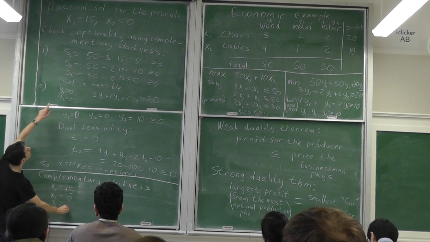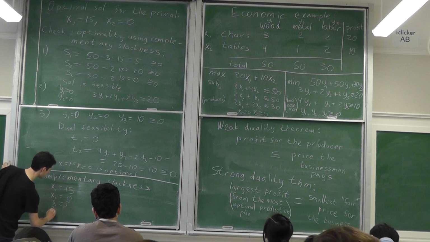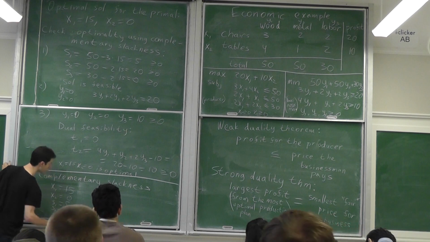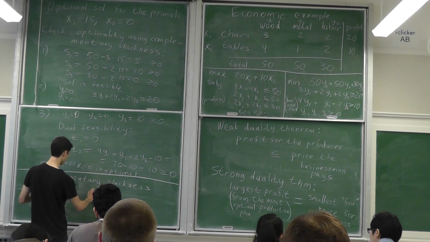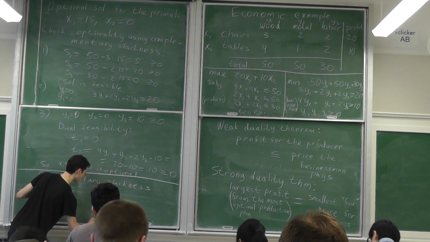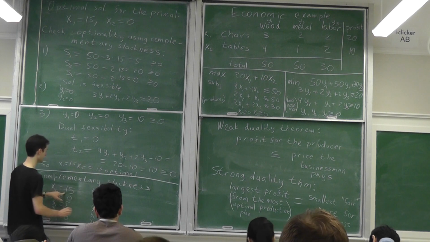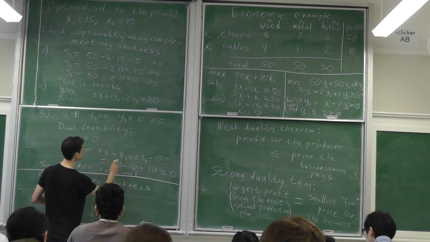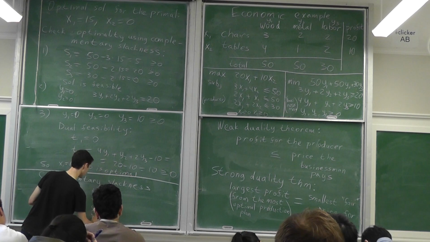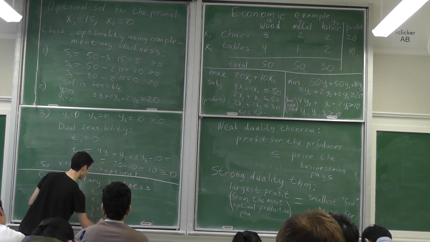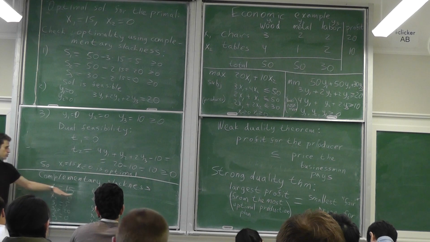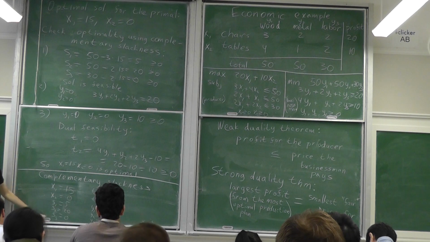S1 is 5, S2 is 20, S3 is 0, and the corresponding pairs will be T1, T2, y1, y2, y3. This will be 0, this will be 10, y1 will be 0, y2 will be 0, y3 will be 10. So we have these complementary pairs. In each row, at least one of the numbers is 0.